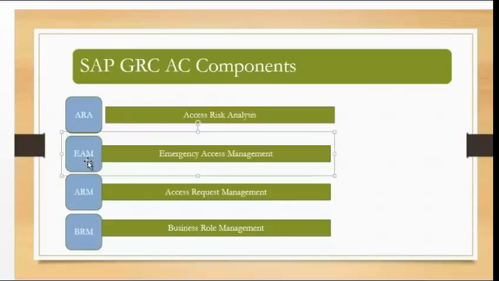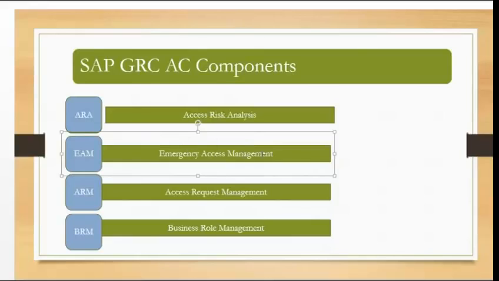The second most important module of SAP GRC Access Control is EAM, which was previously called Super User Privilege Management. Now it is called Emergency Access Management in the latest version, which is 10.0.